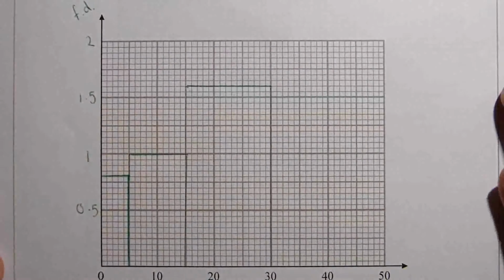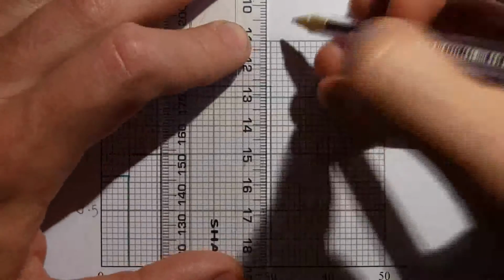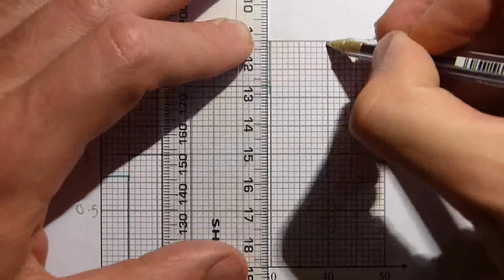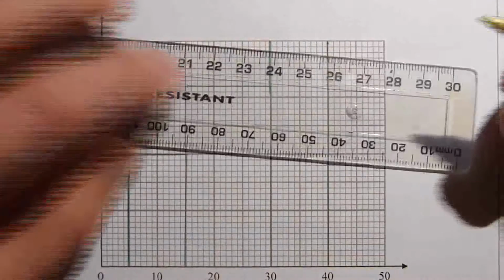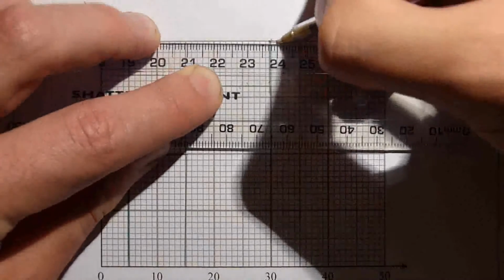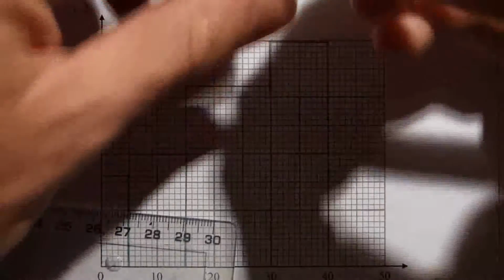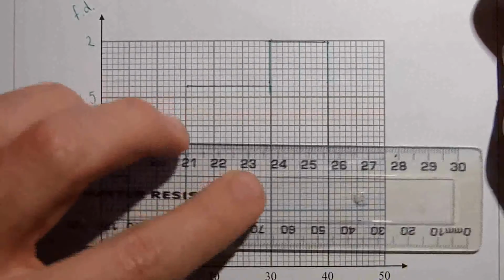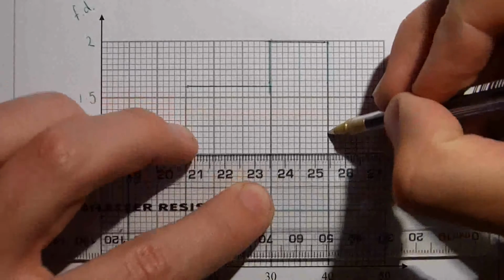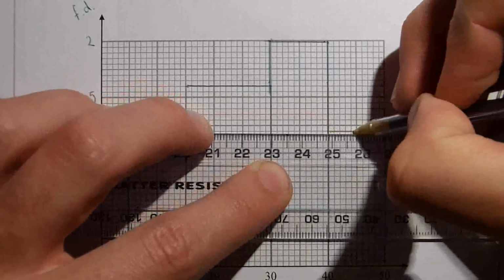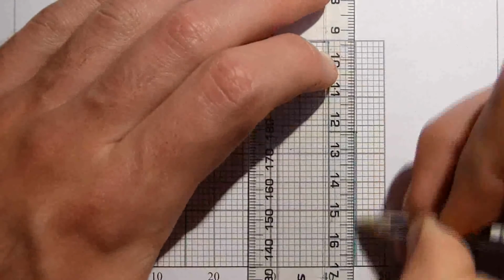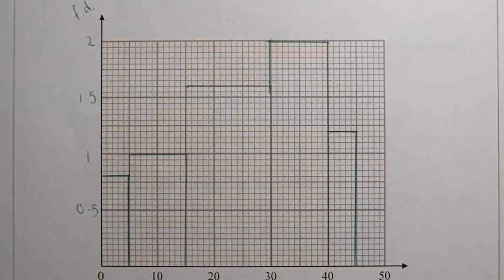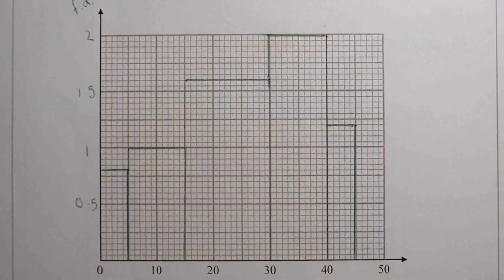Then 30 to 40 with a frequency density of 2. And finally 40 to 45, that was a frequency density of 1.2. And there is our completed histogram.